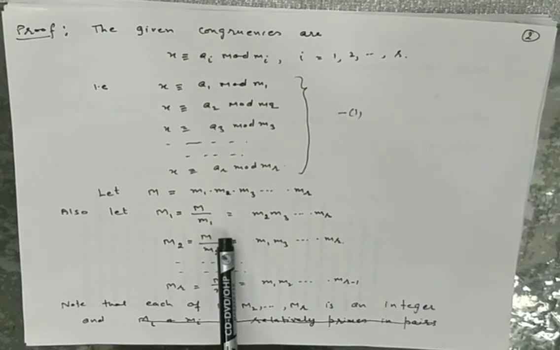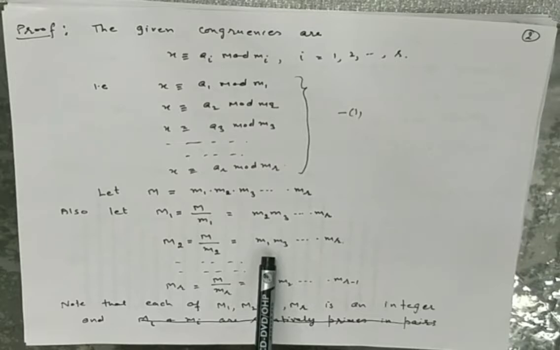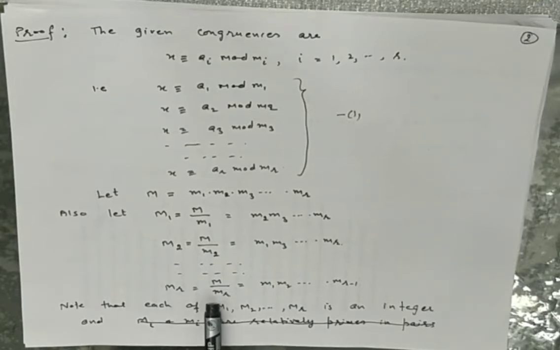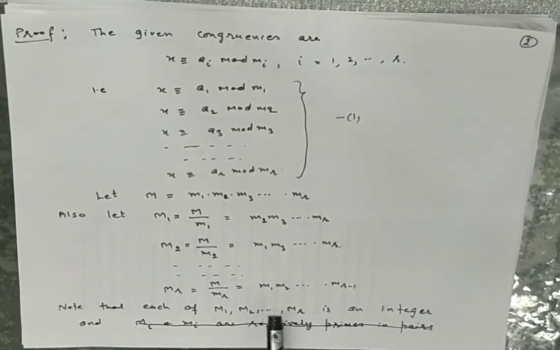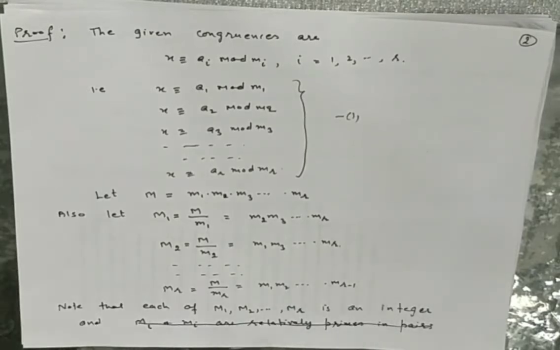Similarly, we take capital M2, that will be capital M divided by m2, so it is the product of m1, m3, and so on up to mr. Similarly, we define capital Mr, equal to capital M over small mr, that is the product of m1, m2 up to mr minus 1.